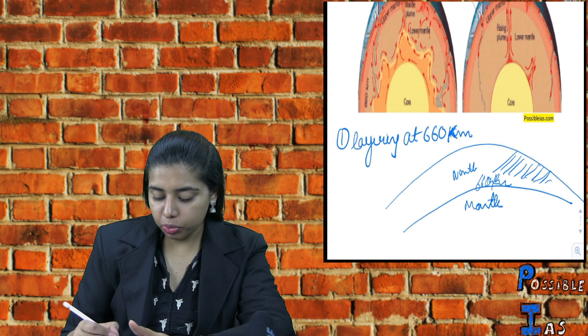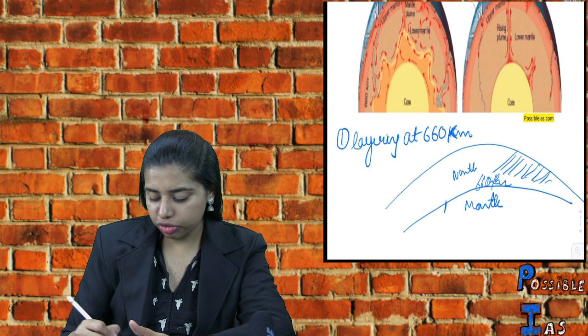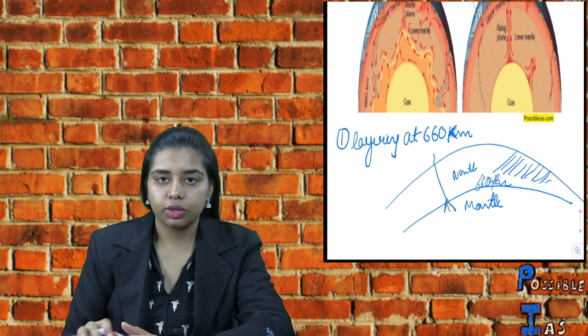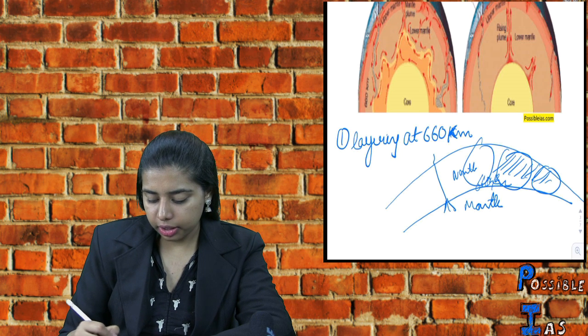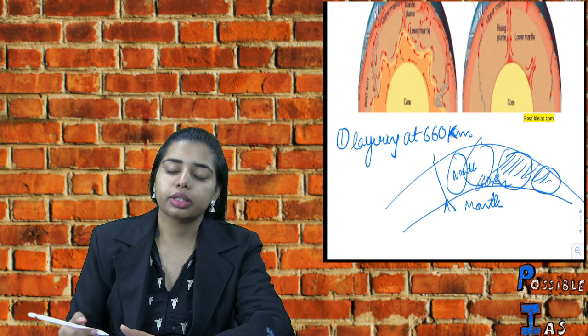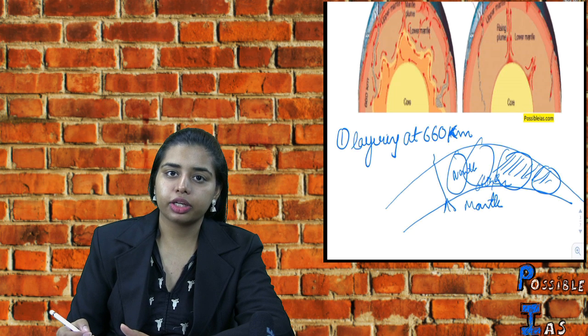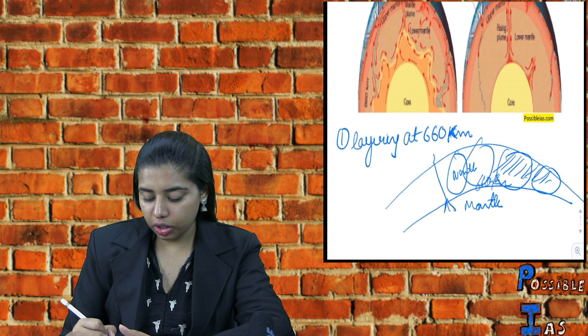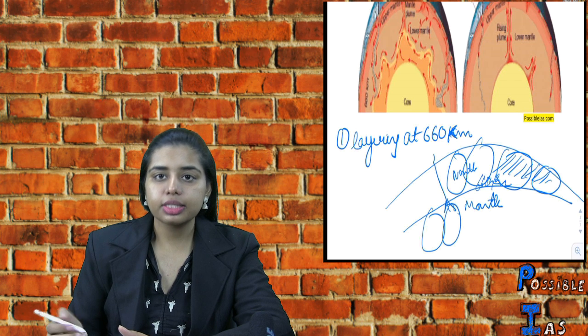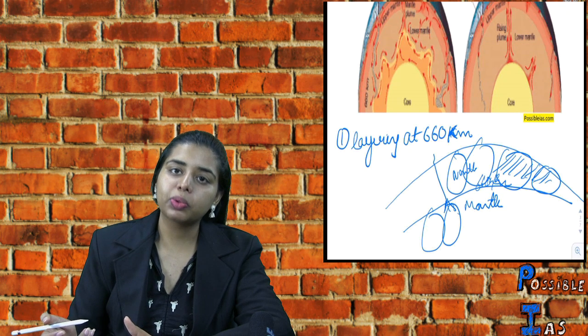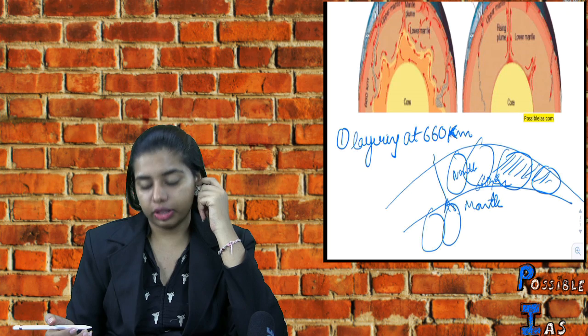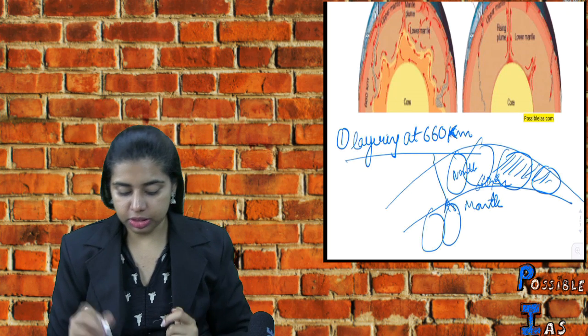Whereas when hot plumes are concerned, the source of magma is below 660 kilometers. So the convection currents in the upper zone are helpful during mid-oceanic ridge type volcanism, whereas the convection currents from below are important for hot plumes or hotspot volcanism. So this was the first theory.